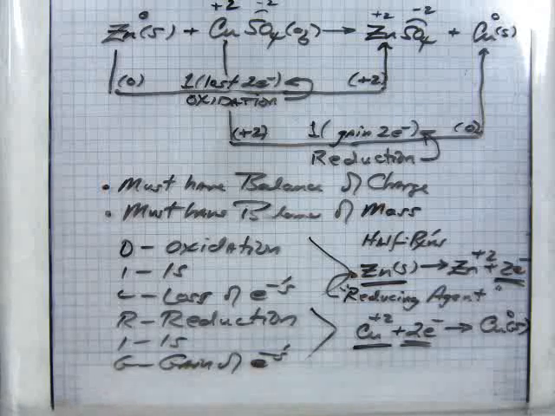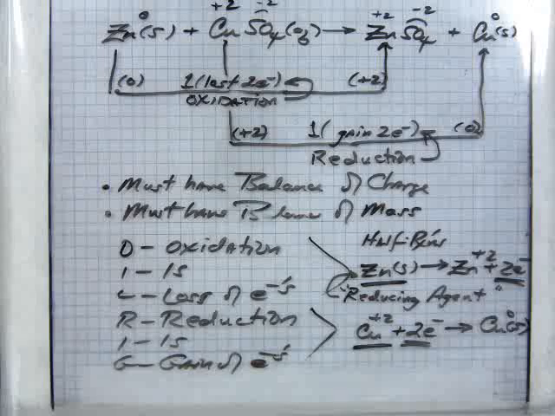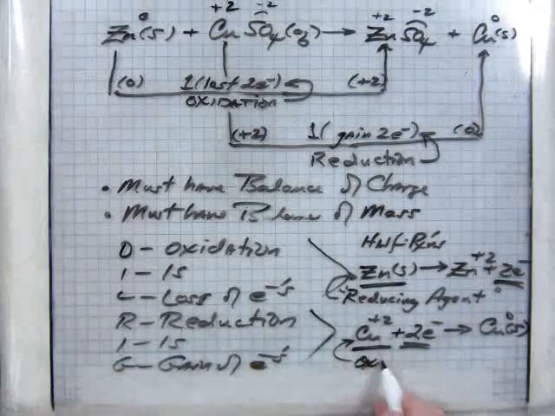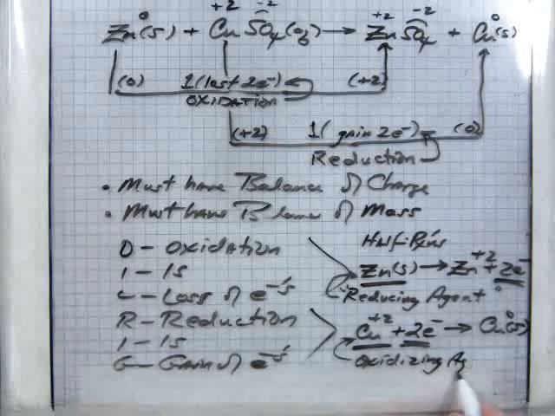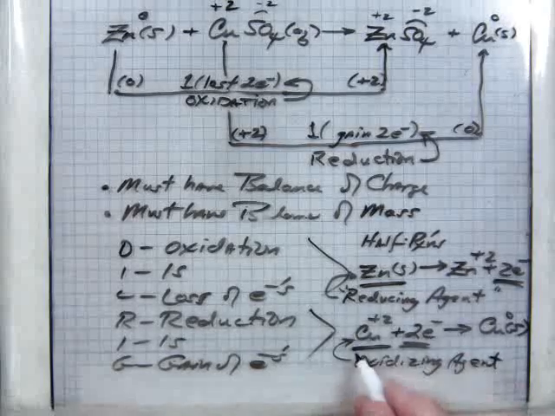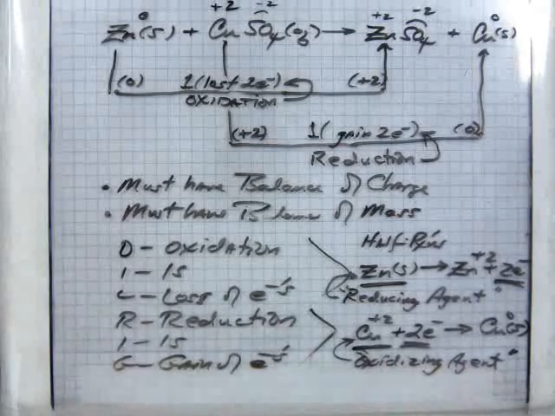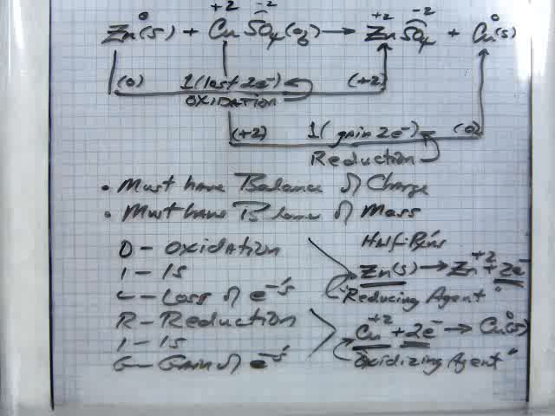So we have a process of losing electrons by a reducing agent. So don't get that mixed up. The agent is always opposite the process. And copper is an oxidizing agent. This is terminology that's widely used and commonly used in the chemical world.